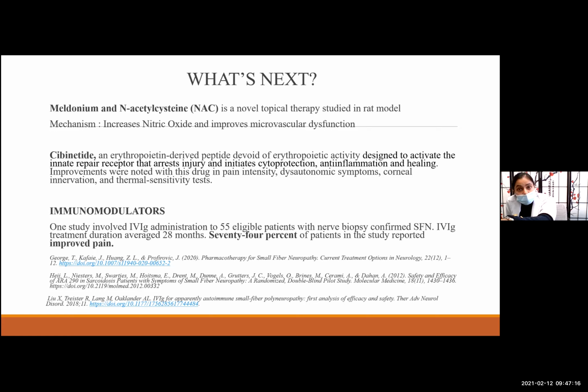They also found 73% of the patients improved in pain, and their other primary outcome was a repeated biopsy 3 months after the IVIG therapy, and they showed improvement in small fiber regrowth. You could see the density changed after 3 months using intravenous immunoglobulin.